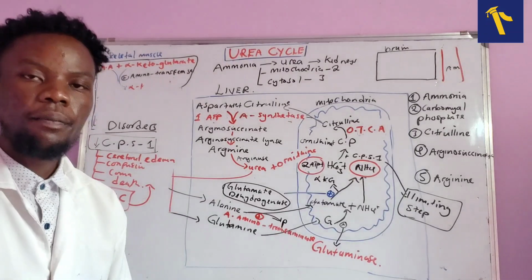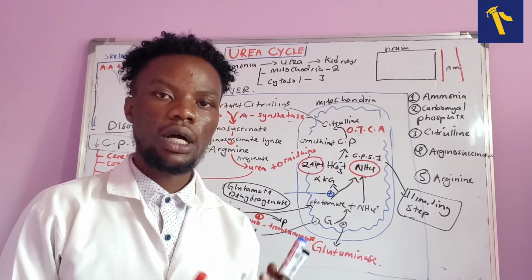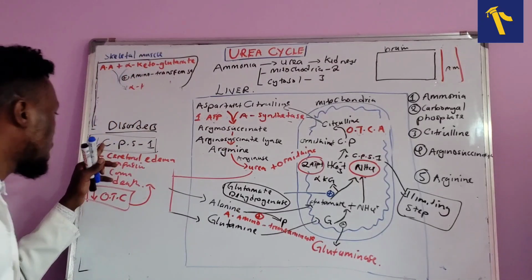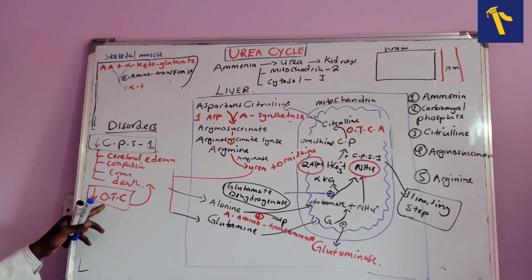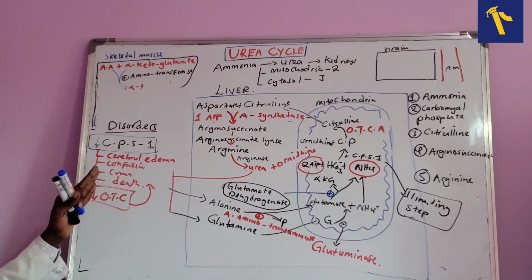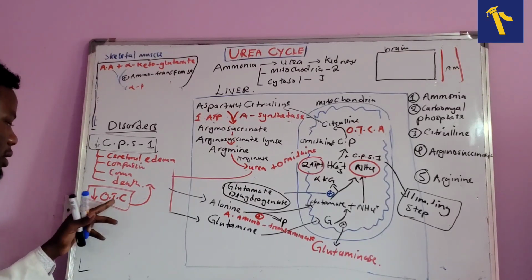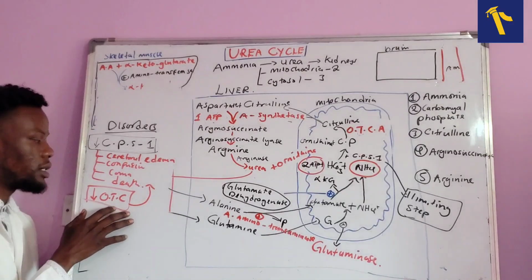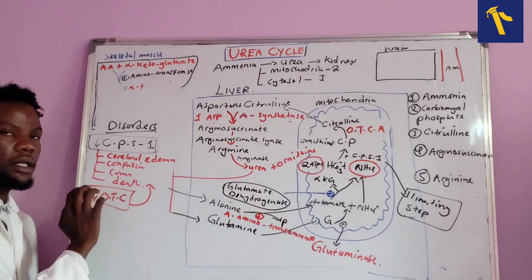So the thing that we need to understand here is we can have two important enzyme deficiencies, which are what? The carbamoyl phosphate synthetase type 1 deficiency and ornithine transcarbamylase deficiency. These can lead to cerebral edema, confusion, coma, death as well.